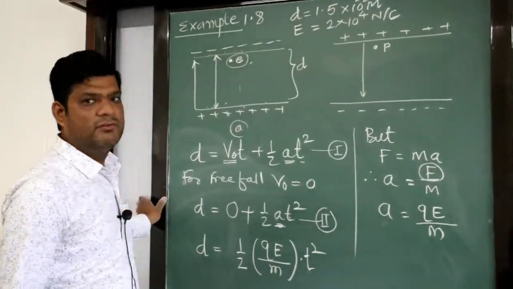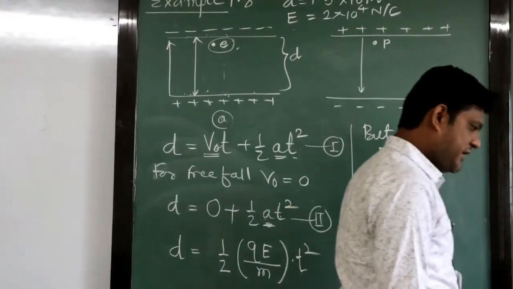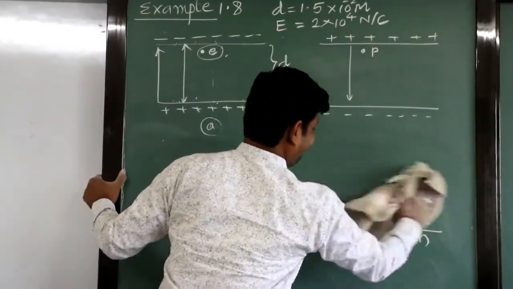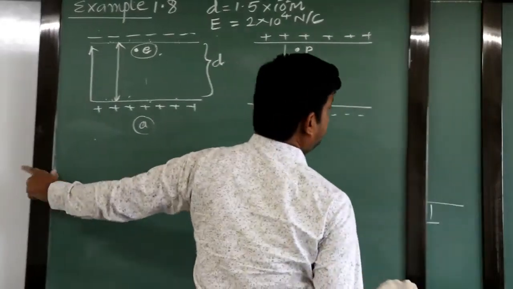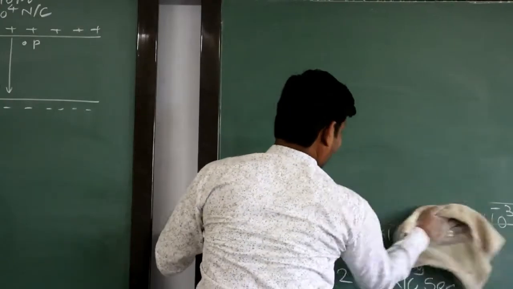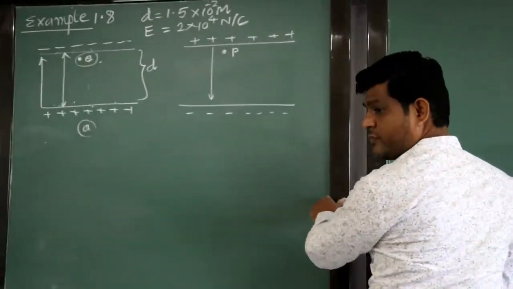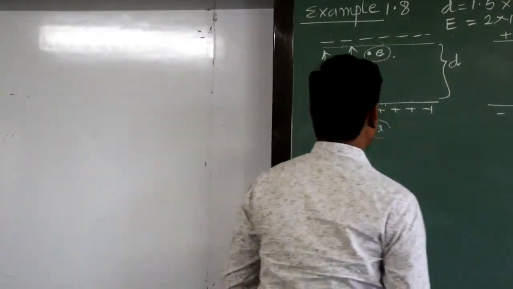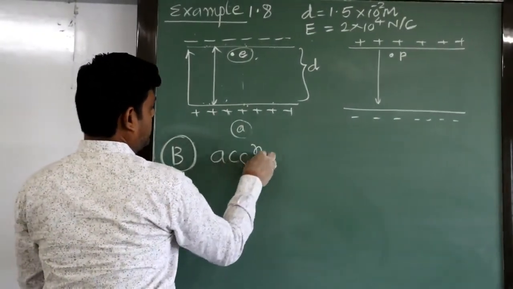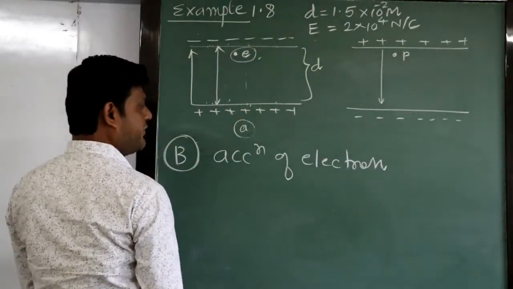In the second part we are going to calculate the acceleration of the electron and the acceleration of the proton. In part B of the numerical, the acceleration of the electron: how can we calculate acceleration?